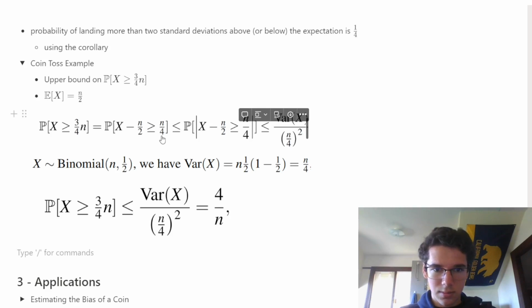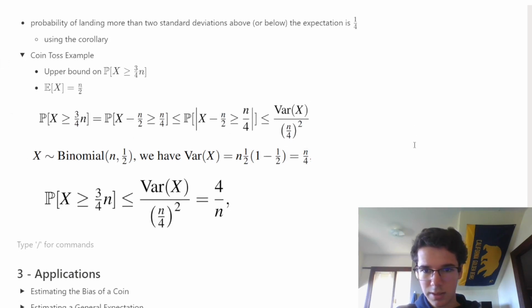So this is like looking at one part, the part that it's greater than or equal to 3/4. This is looking at, I guess, the other part. And then I think the absolute value for this is supposed to go here.